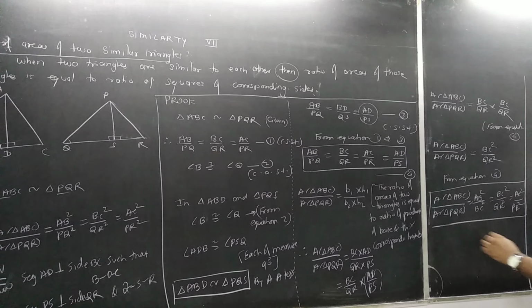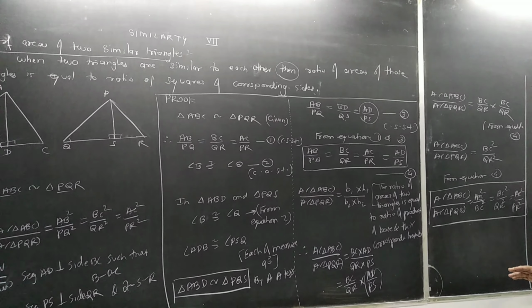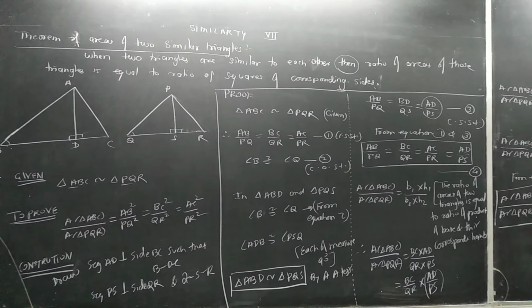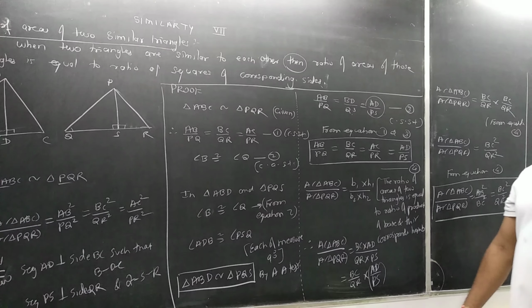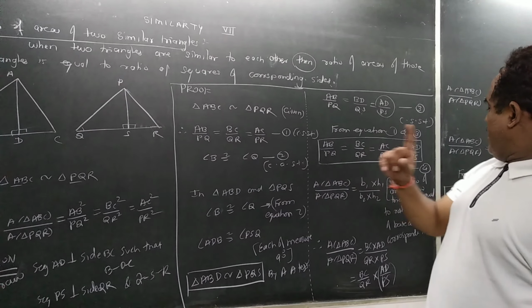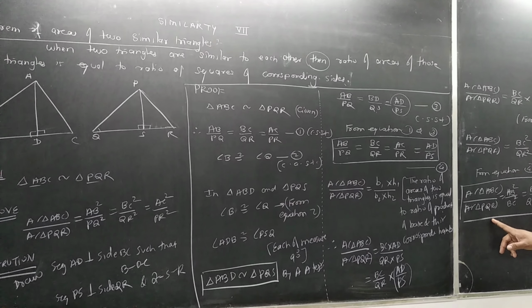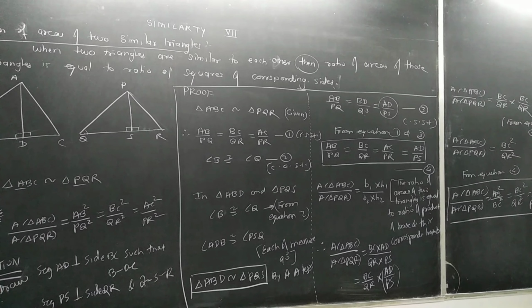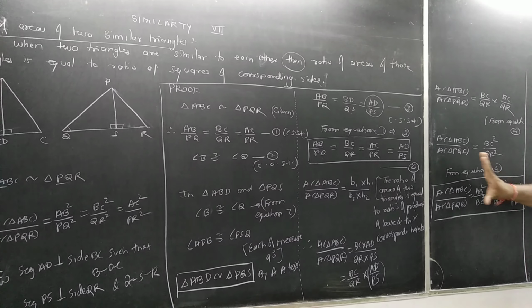This is the proof of ratio of areas of two similar triangles. What is the statement? The ratio of areas of two similar triangles is equal to the ratio of the squares of their corresponding sides. That we have to keep in mind. That is one.